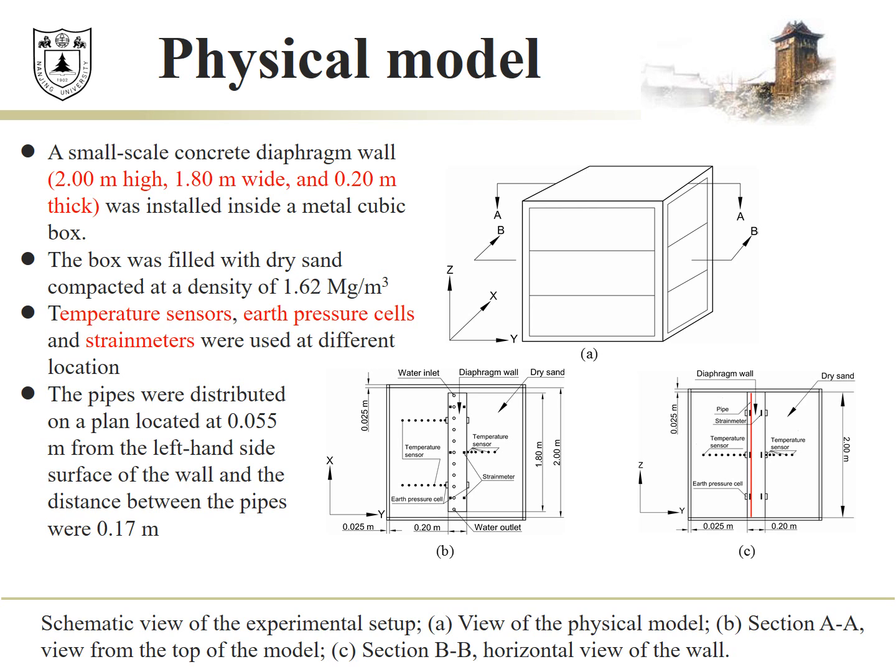The diaphragm wall was equipped with high-density polyethylene pipes for heating purposes, and also various sensors to measure earth pressure, temperature, and strain. The pipes were distributed on a plane located at 0.055 meter from the left-hand side surface of the wall, and the distance between the pipes was 0.17 meter.